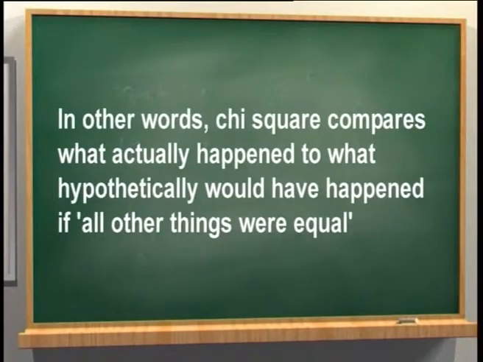In other words, chi-square compares what actually happened to what hypothetically would have happened if all other things were equal. If our actual results are sufficiently different from the predicted null hypothesis results, we can reject the null hypothesis and claim that a statistically significant relationship exists between our variables.